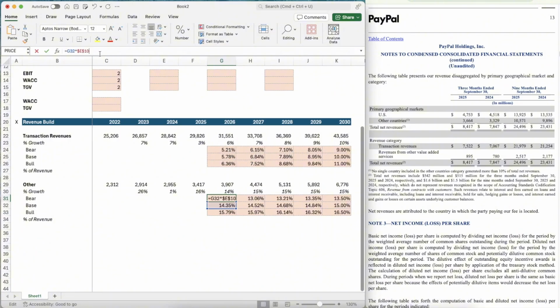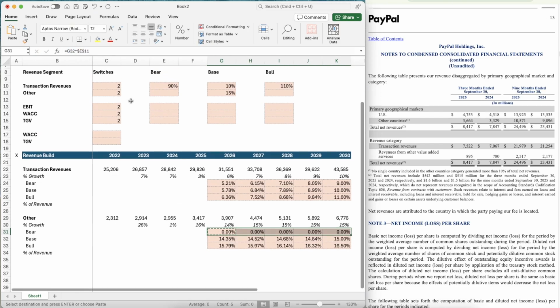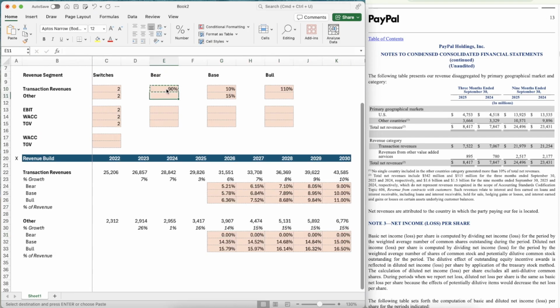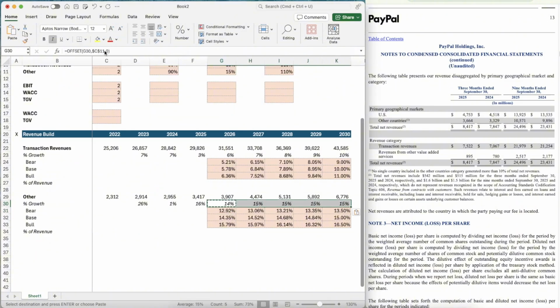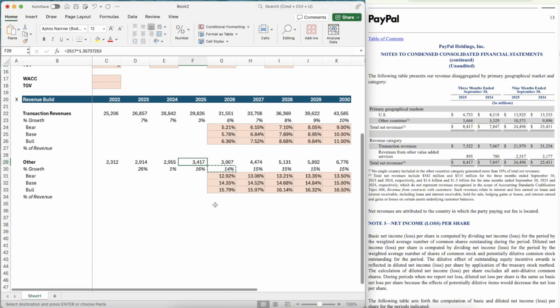We just need to update it so it corresponds with the correct row. There we go. So these are our forecasted revenues for the other part.